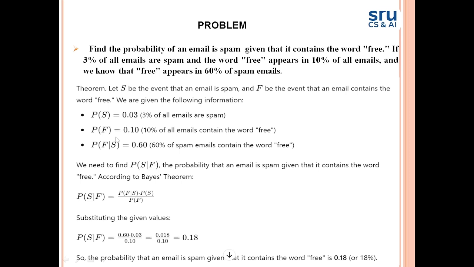Probability of F, the word free, we can write as 0.10. Then probability of F when S is given is written as 0.60. We have to find the probability of S when F is given.